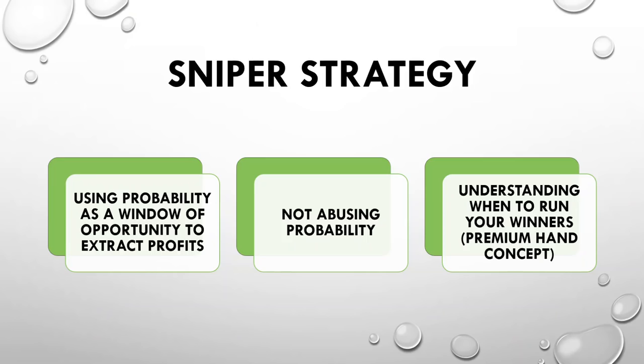But as a sniper, the sniper strategy also helps you to understand when to run your winners. So there are times where you can trade on, because what you're trying to do is take advantage of pushing your winners. And I always used to wonder, what does it mean to cut your losses short and run your winners?